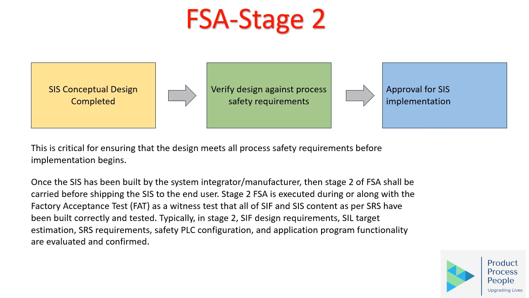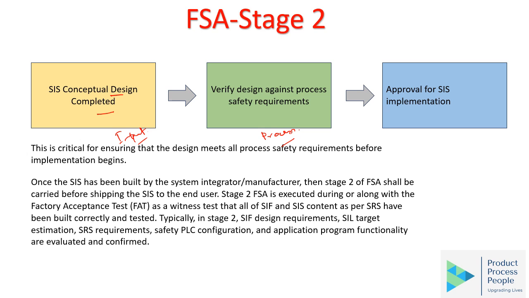Now in FSA stage 2, this is when your conceptual design is complete. This is your input for stage 2, and this is the process. Now you verify the design. Maybe the system integrator or manufacturer has done the conceptual design.